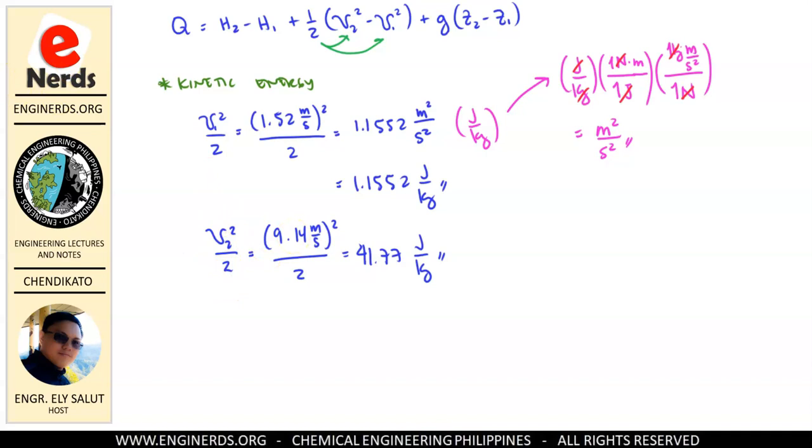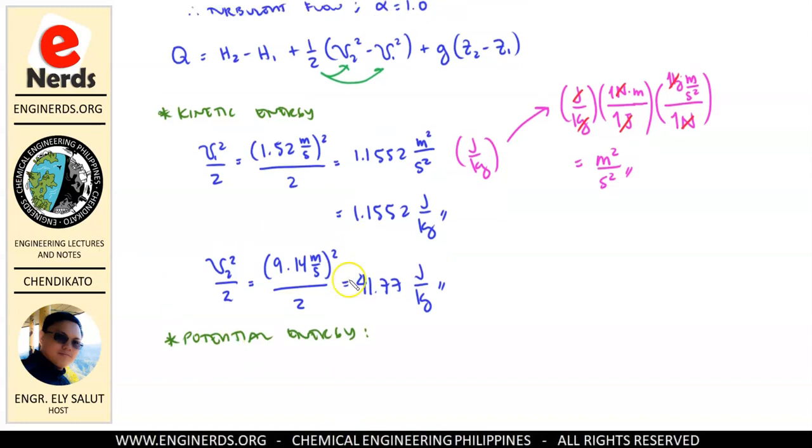Now, let us get the value of our potential energy. In our potential energy, we have to get the value of Z1 and Z2. So, tignan uli natin yung ating diagram.